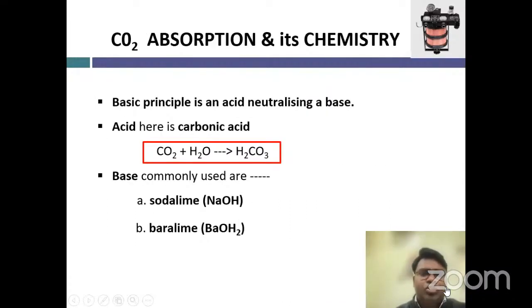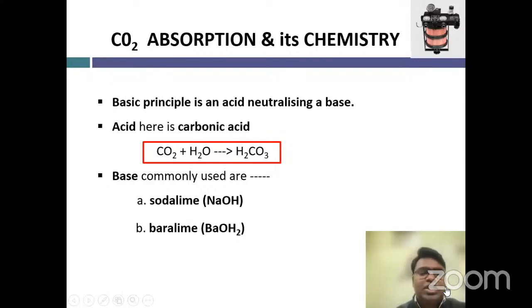The basic principle behind the process of carbon dioxide absorption through soda lime is that acid neutralizes base. Here the acid is carbonic acid, which is formed when carbon dioxide present in exhaled gas reacts with water present as a thin film on the surface of soda lime granules.